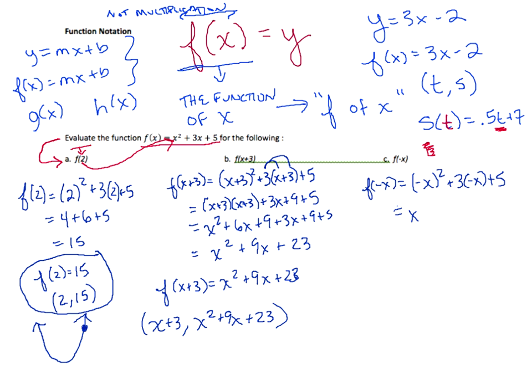Negative x squared is x squared. 3 times negative x is negative 3x, and then plus 5. So my function notation, f of negative x, is x squared minus 3x plus 5. In point notation, I have (negative x, x squared minus 3x plus 5).